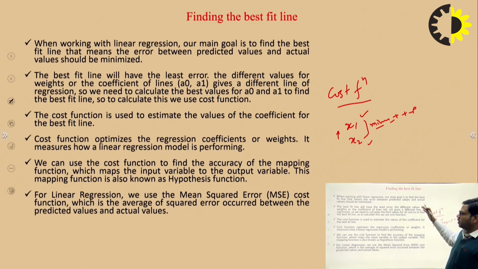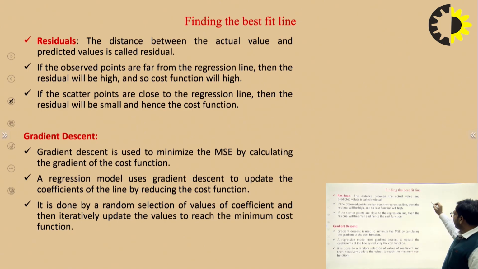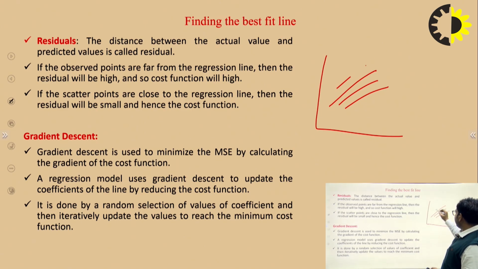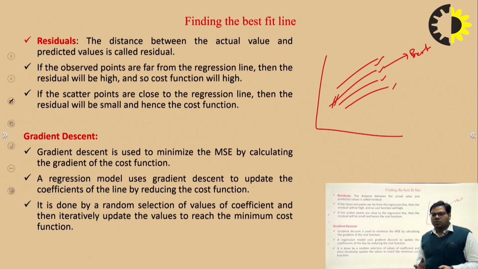If there are multiple lines for the same regression model, on which line do I have a minimum cost function? Suppose this is the line where the cost function is minimum. So I'm going to choose it as the best fit line. In the latest models we already have a number of predefined functions and libraries if we are going to use Python.